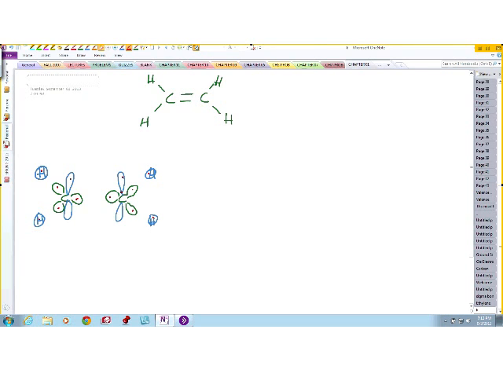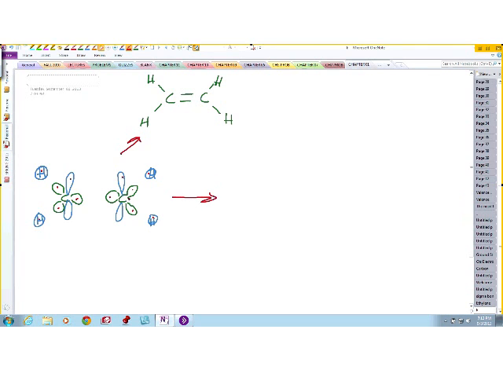Okay, so now we have two carbon atoms, each one an sp2 hybridized carbon, and 4 hydrogen atoms. We now want to form bonds, right? To form this molecule called ethylene. So what happens?